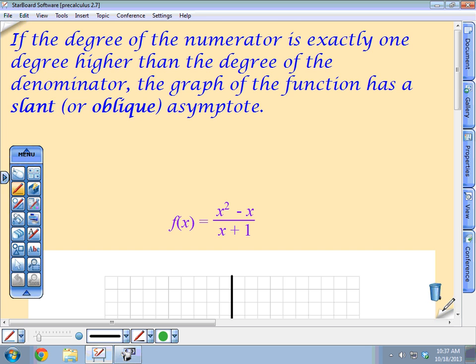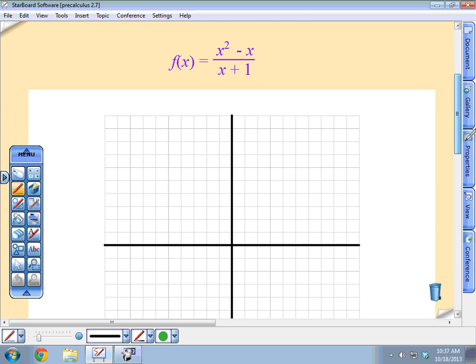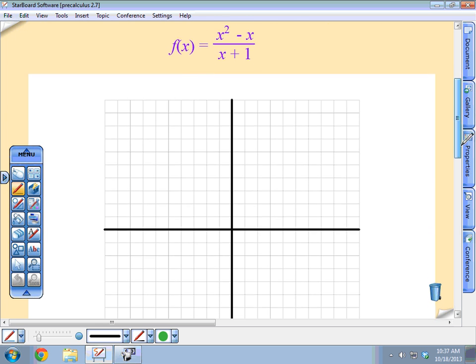Okay? So if I have a rational function, where notice that my degree of the numerator is 2, my degree of the denominator is 1. So because my numerator is exactly 1 degree higher than my denominator, that means I'm going to have a slant asymptote. Okay? And where that's going to be depends on what your quotient is.